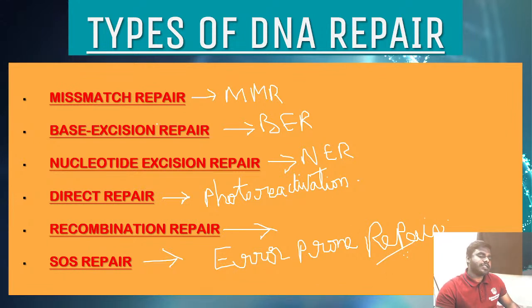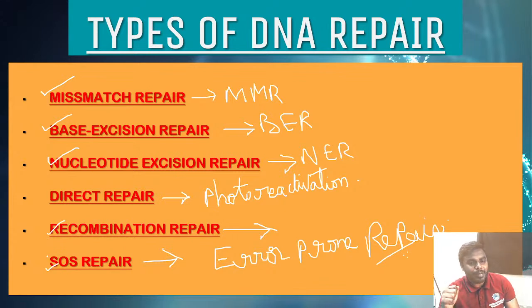So friends, let me tell you one very interesting point here. All of you just listen to me very carefully. In case of mismatch repair, BER, nucleotide excision repair, recombination repair and SOS repair, whatever part of the DNA gets damaged, we remove that damaged part and we replace that part.